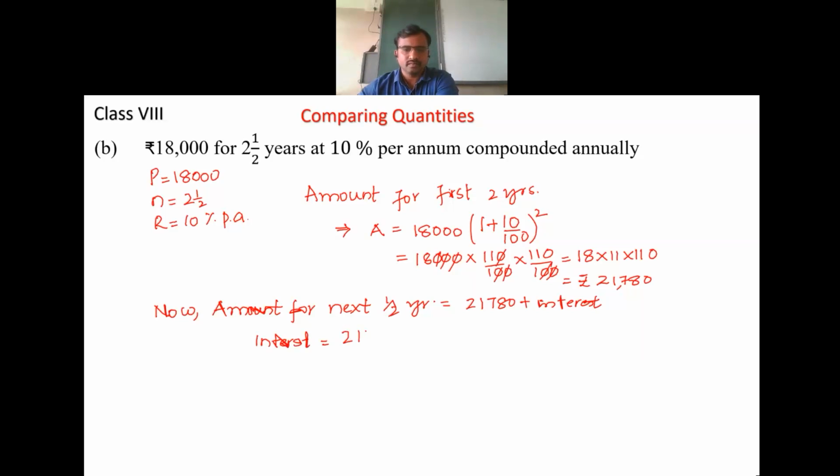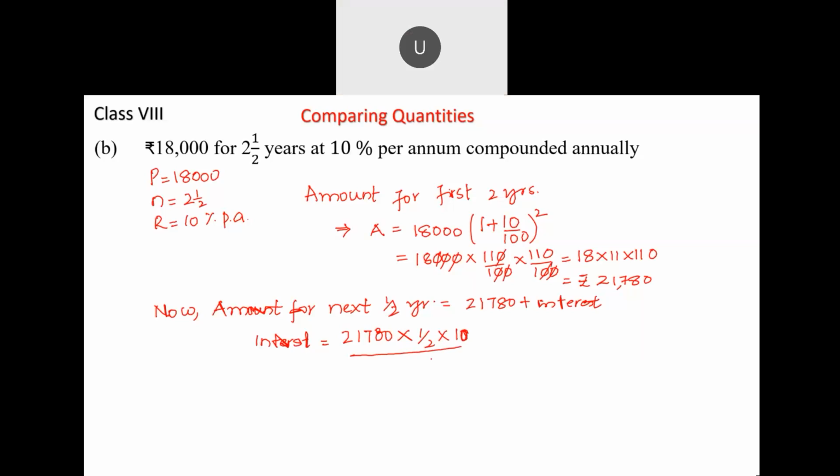P is 21,780, time taken is half, rate is 10, divided by 100. So this zero cancels. When we divide by 2, what do we get? We get 1089. This is the interest.